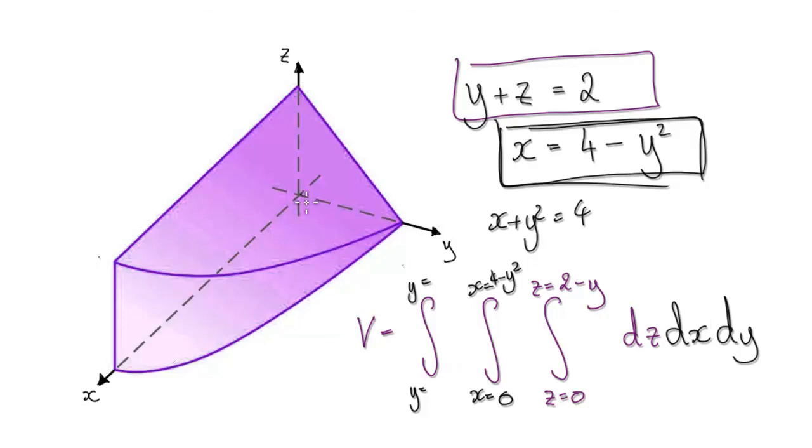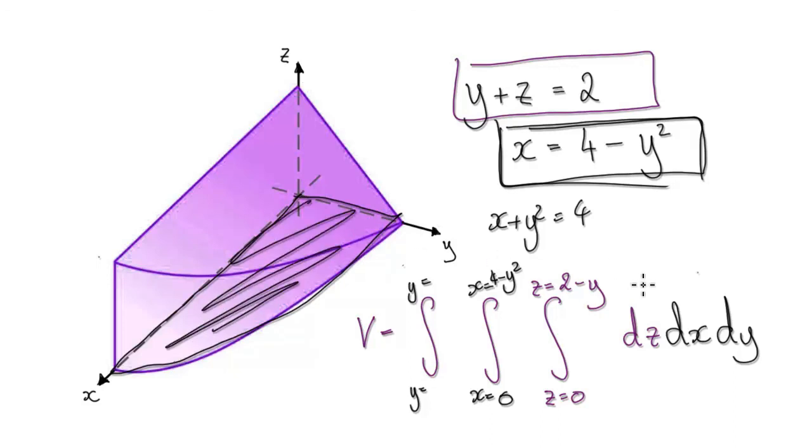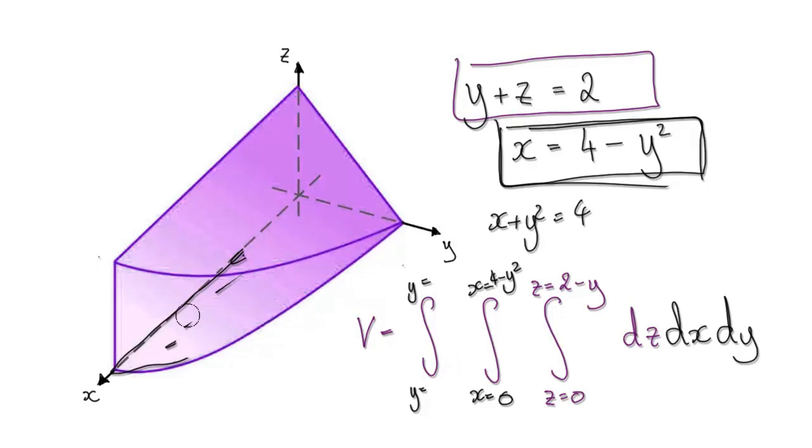So this whole plane here will collapse down to this line here because we're going to lose the x dimension.